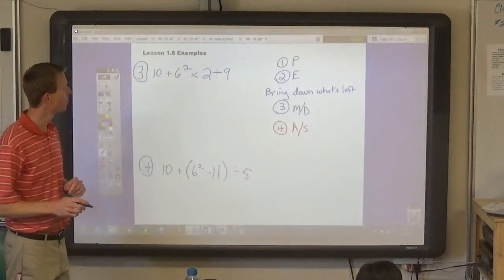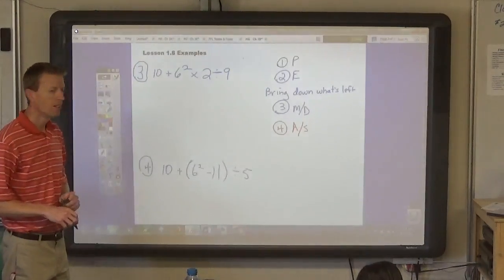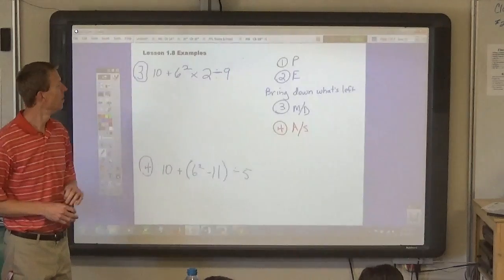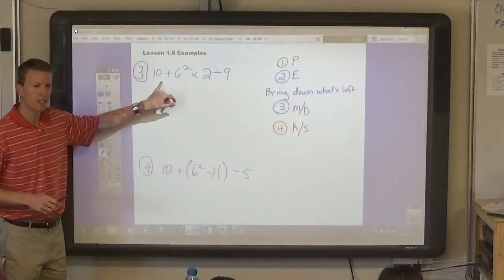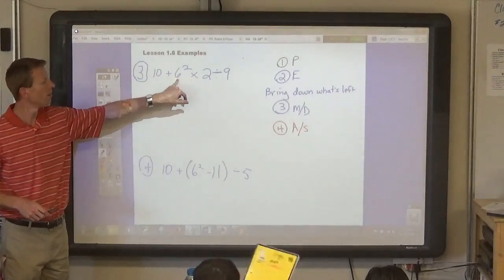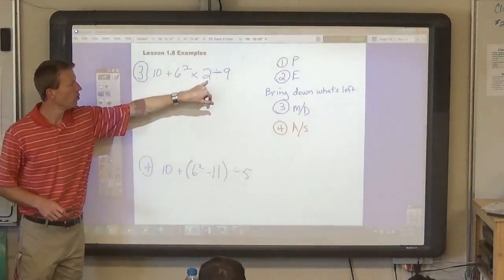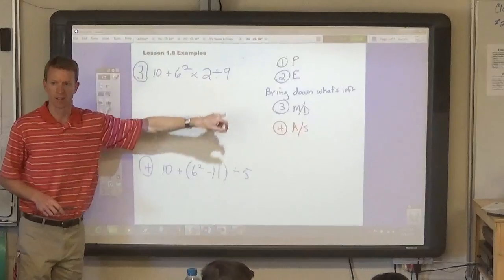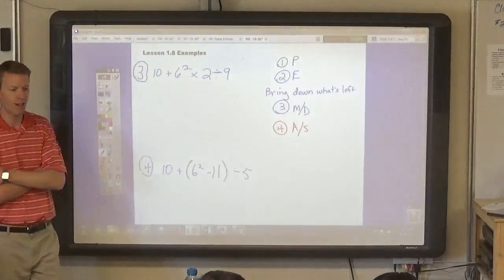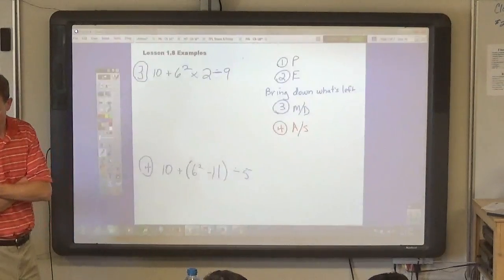Let's do it together. Is that our first one? Starting with parentheses. Yeah, that's the first one. So, copy the problem. 10 plus 6 squared times 2 divided by 9.